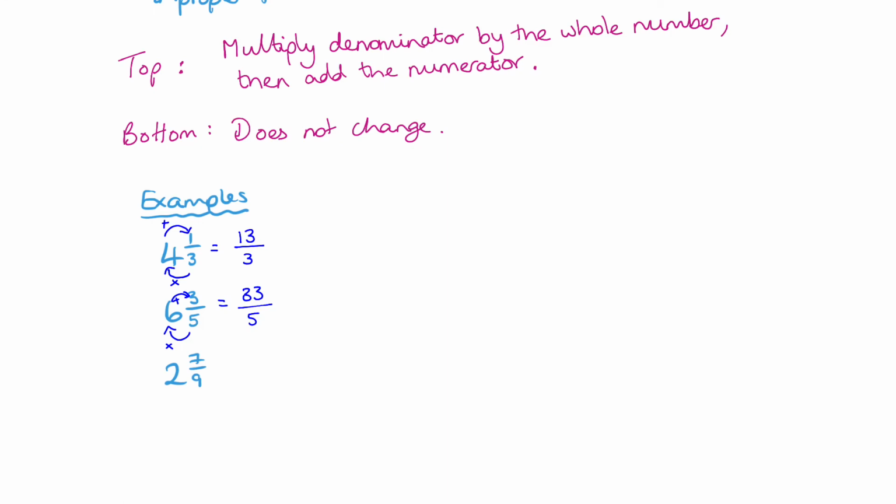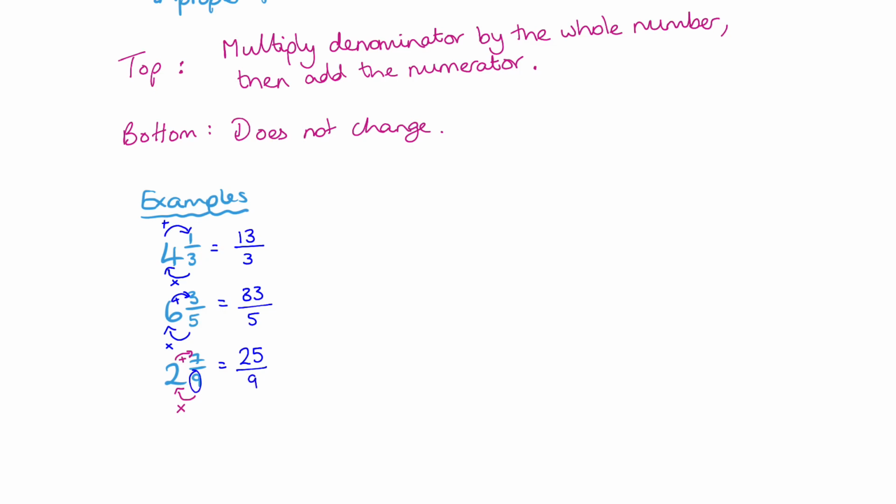Okay, and then the last one. Use different colours so we can see it more easily. We times and then we add. So we do 9 times 2 is 18. Add 7 makes 25. And then on the bottom, the number doesn't change.